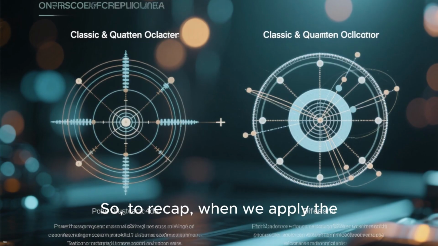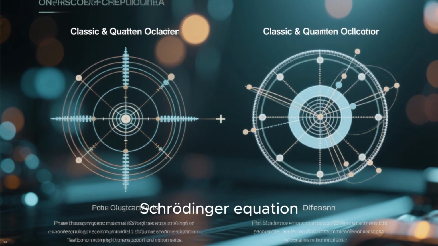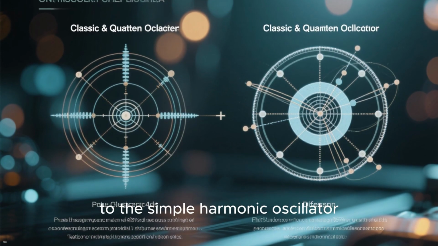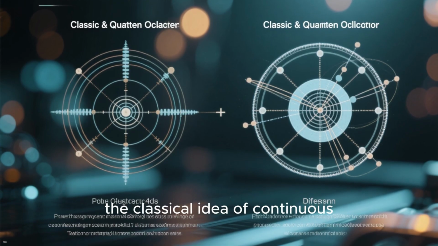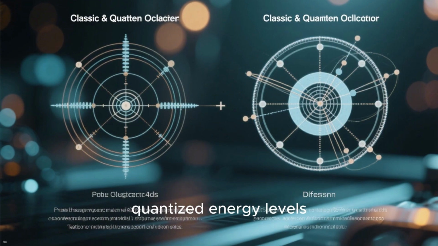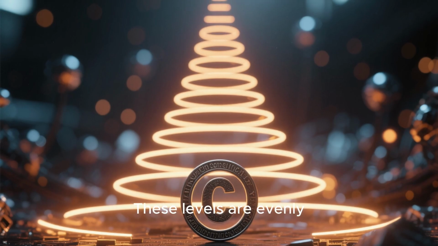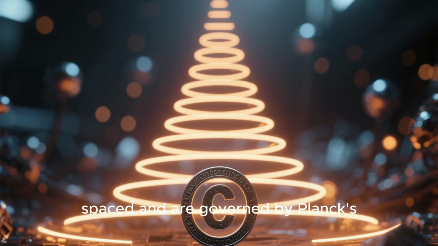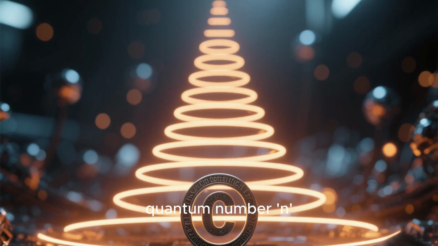So, to recap, when we apply the Schrödinger equation to the simple harmonic oscillator, the classical idea of continuous energy is replaced by discrete, quantized energy levels. These levels are evenly spaced and are governed by Planck's constant and a quantum number n.